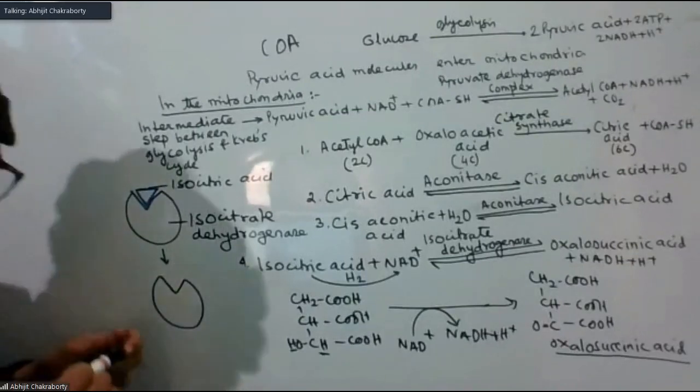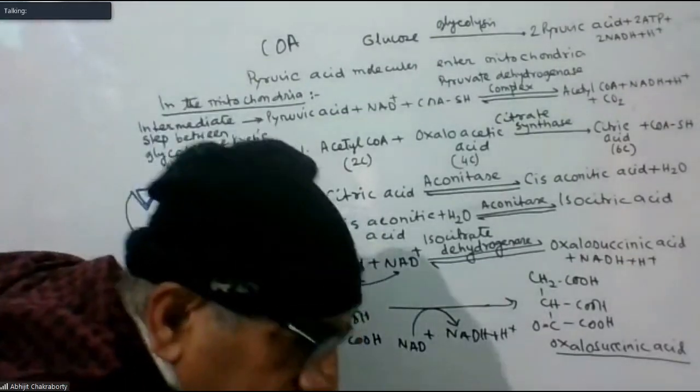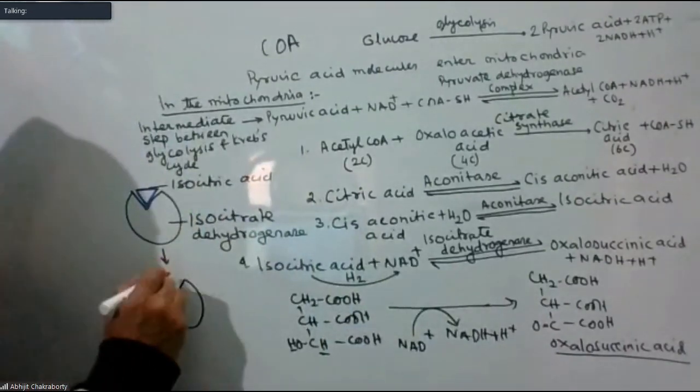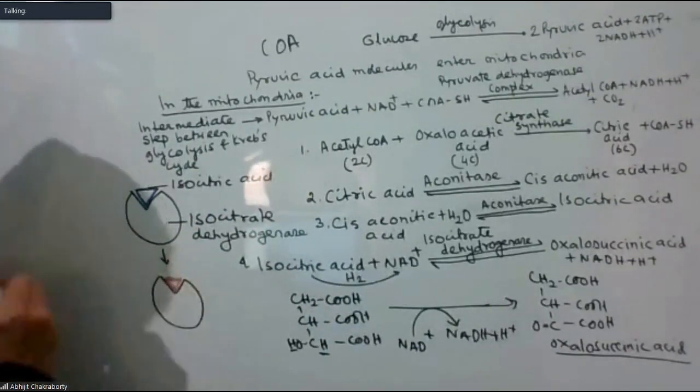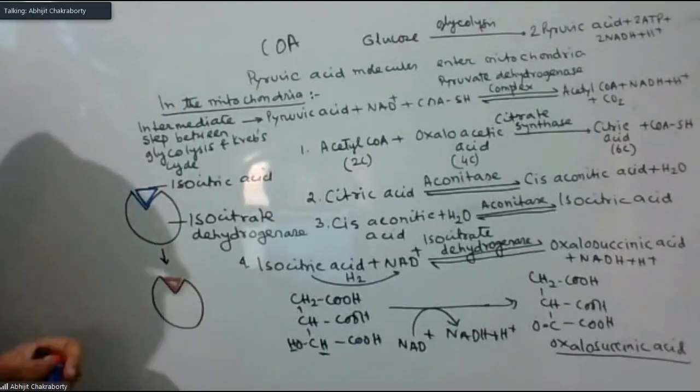Isocitric acid is converted to oxalosuccinic acid.